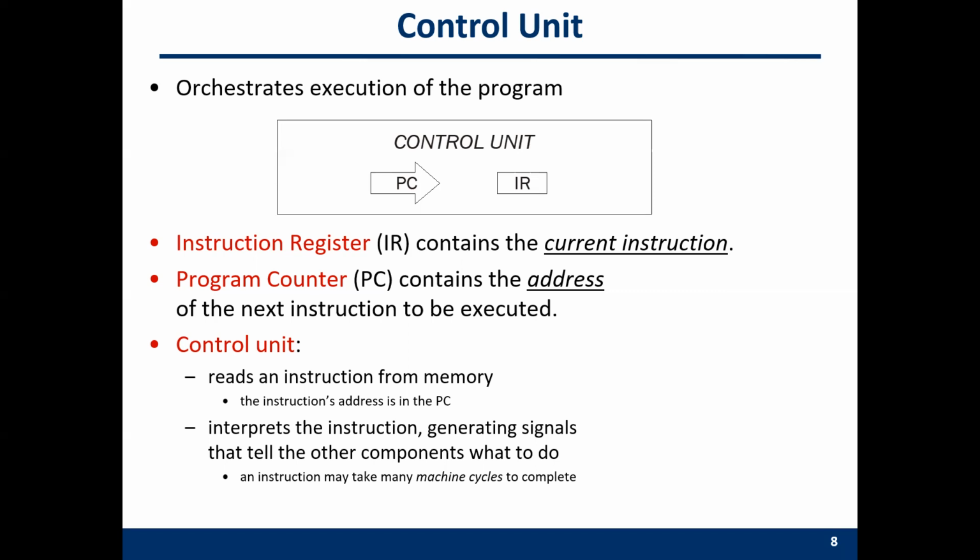So the major job of a control unit can be summarized as: first, it reads the instruction at the address in the PC, because the PC specifies the next instruction, and then it decodes it and generates the sequence of control signals. An instruction may take several machine cycles to complete.